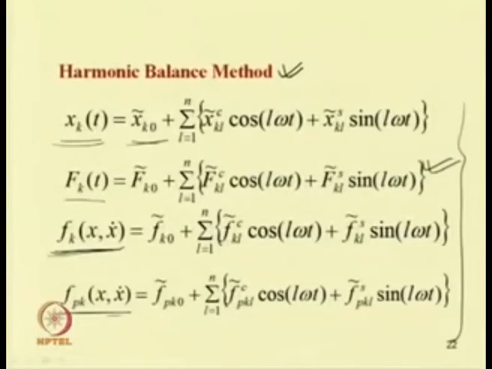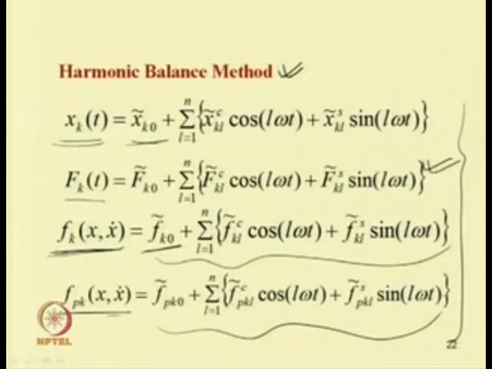Similarly, the nonlinear terms can also be written using different harmonics, where the 0 term is the constant part of the nonlinear terms and the rest contain the harmonics. If the nonlinear terms are periodic, we can write them using these harmonic terms. This also represents the loading vector. The loading may be a static loading, or a loading with periodic force. In the case of static loading, we can use this f p k 0, and in the case of periodic loading we can write it using different harmonics.